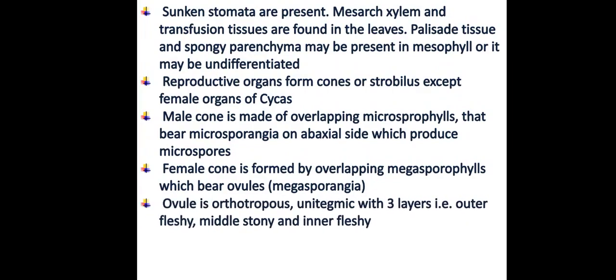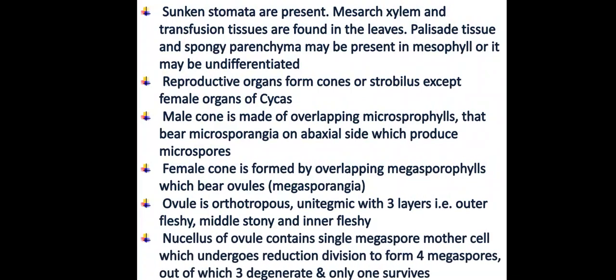Ovule is orthotropous, anatropous, unitegmic, with three layers: outer fleshy, middle stony, and inner fleshy layer. Nucellus of ovule contains single megaspore mother cell, which undergoes reduction division or meiosis to form four megaspores, out of which three degenerate and only one survives.